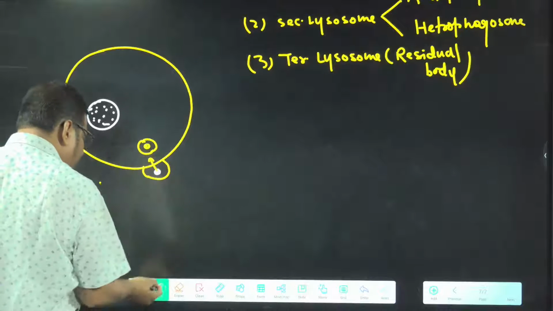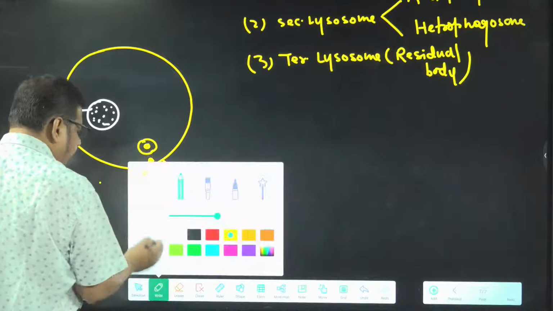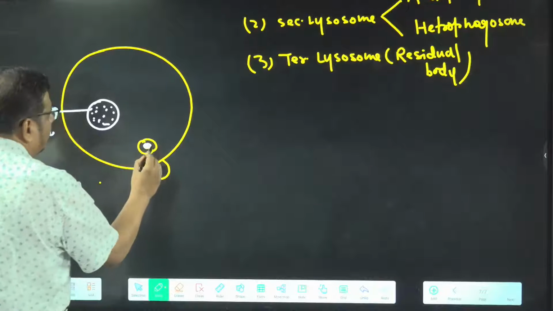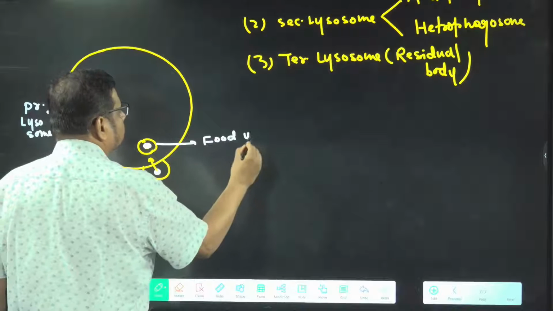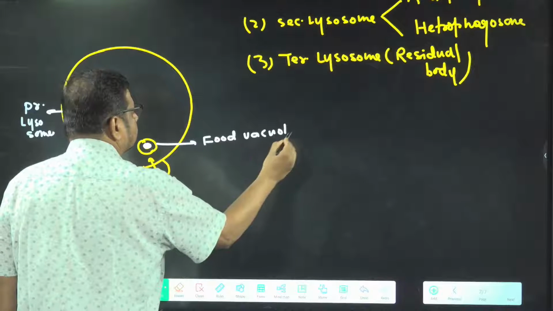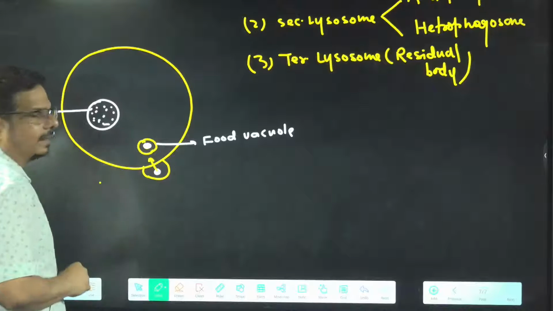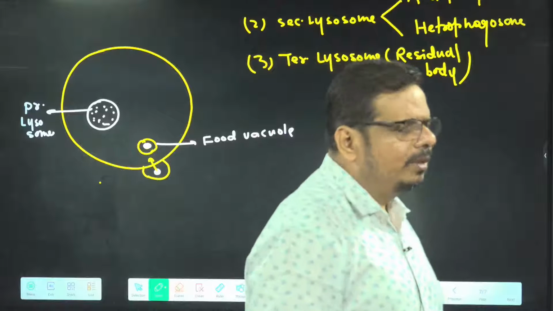This white block I am making here is food, and this is the food vacuole. And this is the primary lysosome. Now the question arises, inside the food vacuole, food is there.